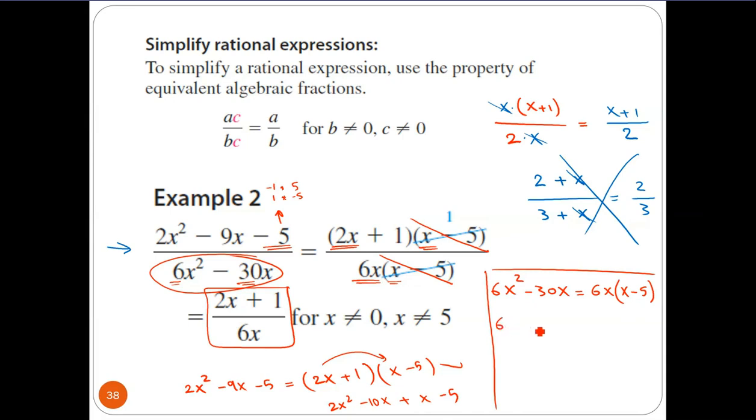So 6x must be not equal to 0 and x minus 5 must be not equal to 0. By dividing by 6, x is not equal to 0. This is the first restriction. The second: moving negative 5 gives plus 5. So the value of x must be not equal to 0 and not equal to 5.